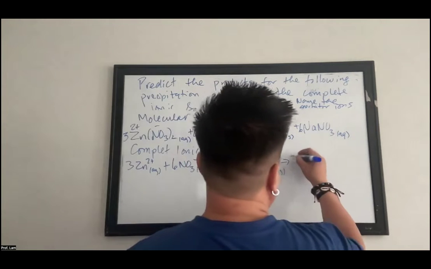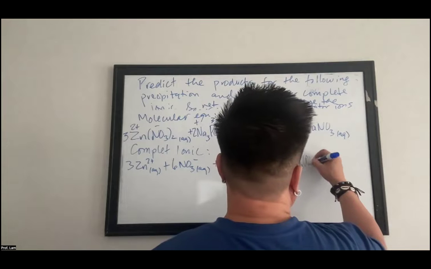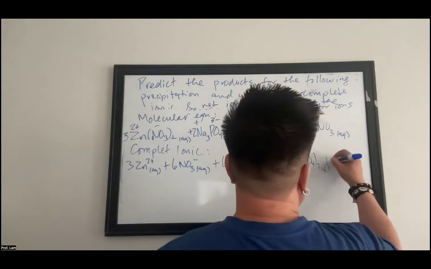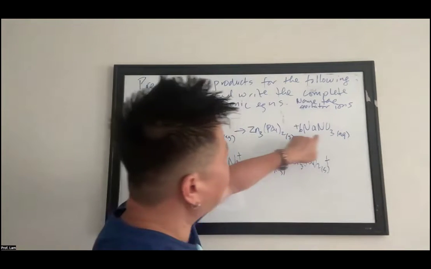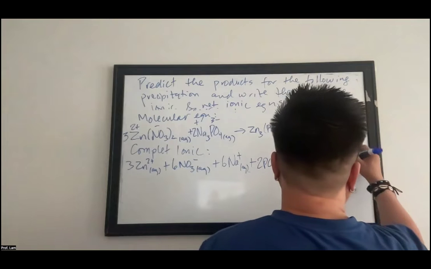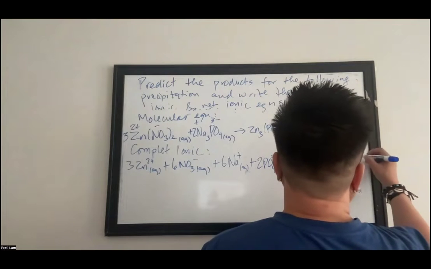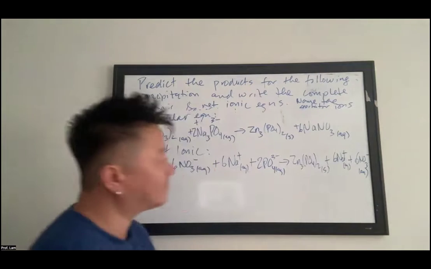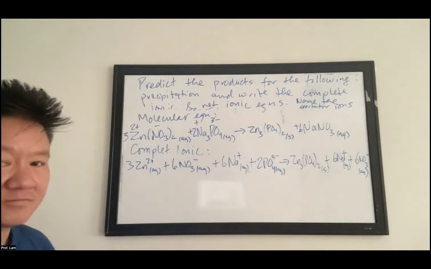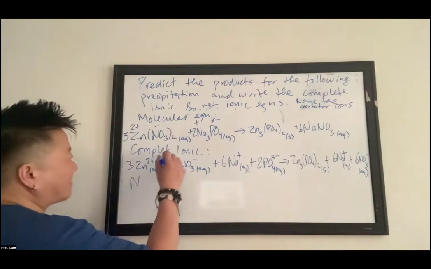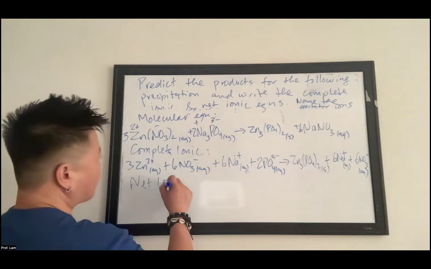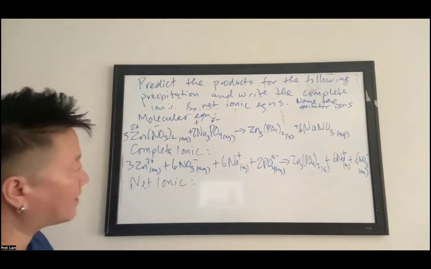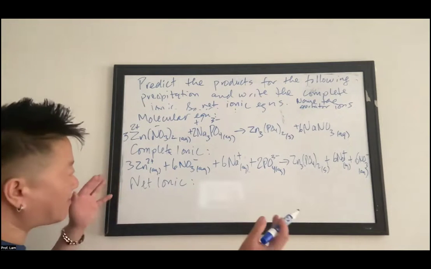We don't split that up, so Zn3(PO4)2 solid, plus, here you do split up, so 6 Na plus aqueous, plus 6 NO3 minus aqueous. Okay. Net ionic. Okay, let's see what we can cancel out. Same on both sides, guys.